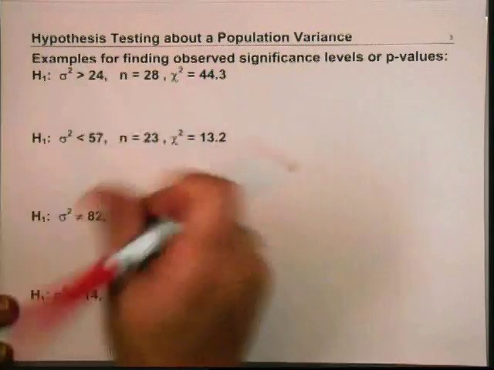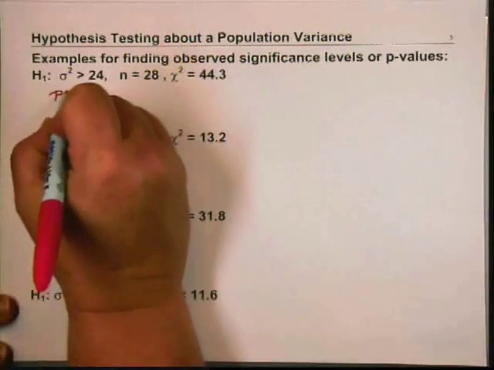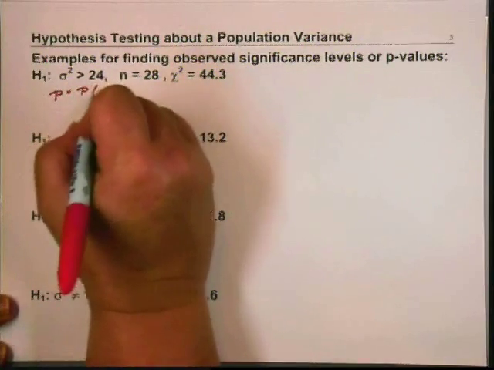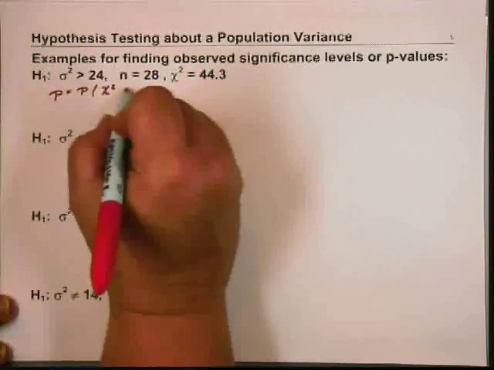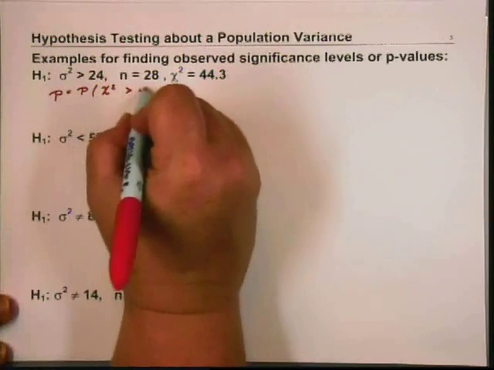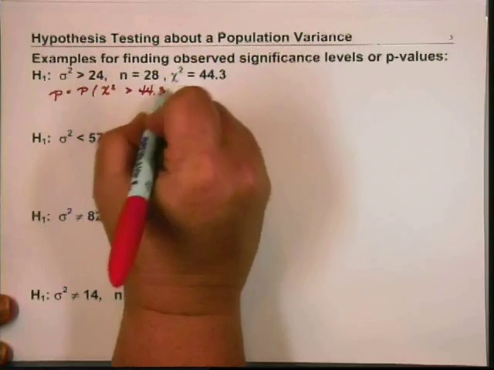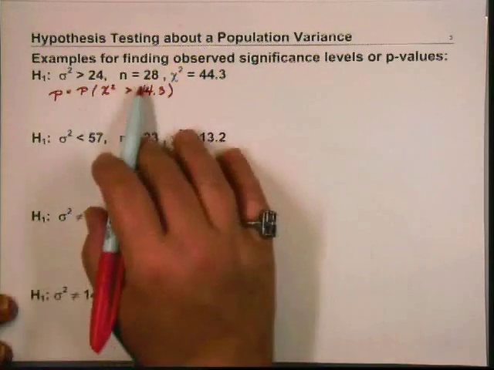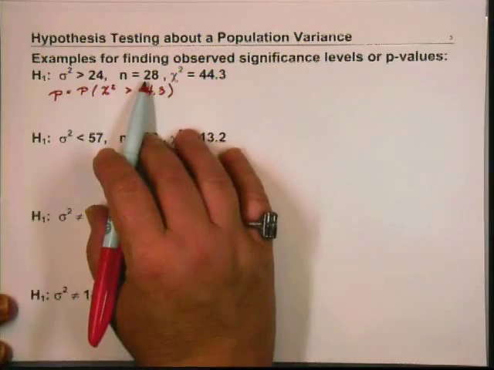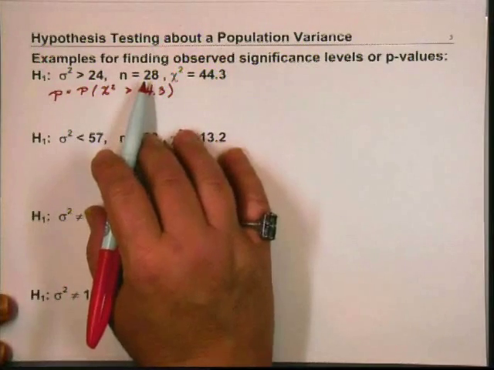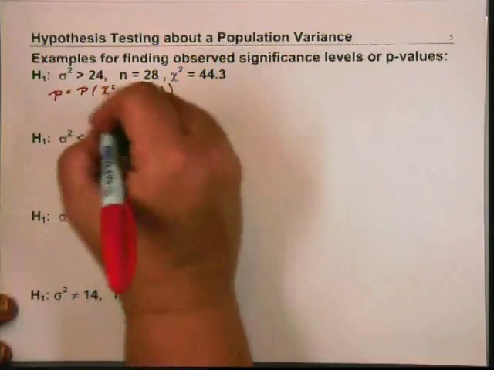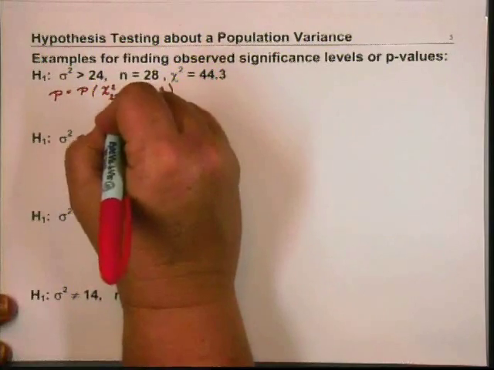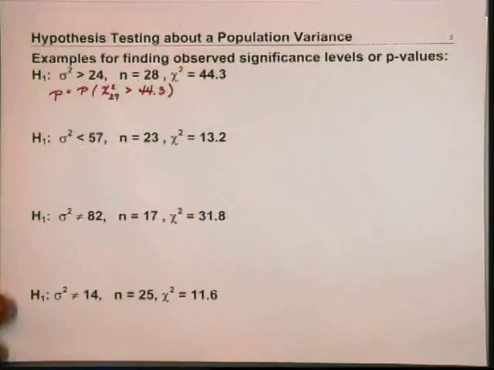So when we compute p, p is equal to the probability of seeing a chi-square value greater than or equal to 44.3. I need one other piece of information. What's the degrees of freedom on this chi-square? We're given sample size is 28. We need to subtract 1 to get degrees of freedom. So this should be a chi-squared value with 27 degrees of freedom.